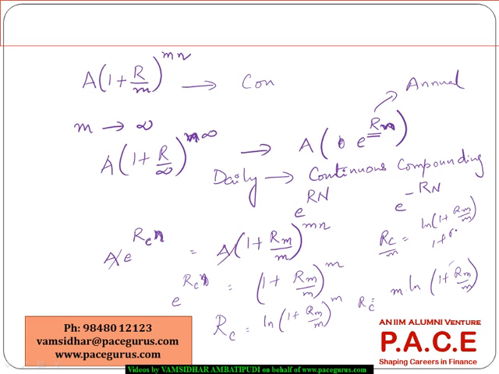So 1 plus Rm by m becomes e to the power of Rc by m, and so Rm equals m times (e to the power of Rc by m minus 1). Such basic arithmetic can be worked out to convert interest rates from one form to the other, from the continuous compounding form to a discrete form of computation. All right.